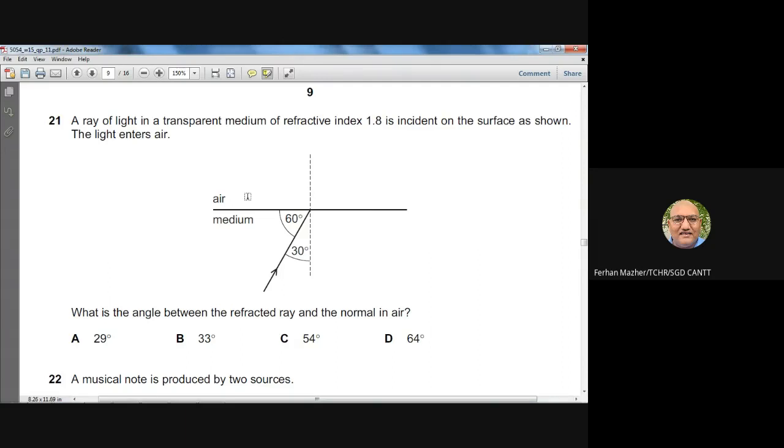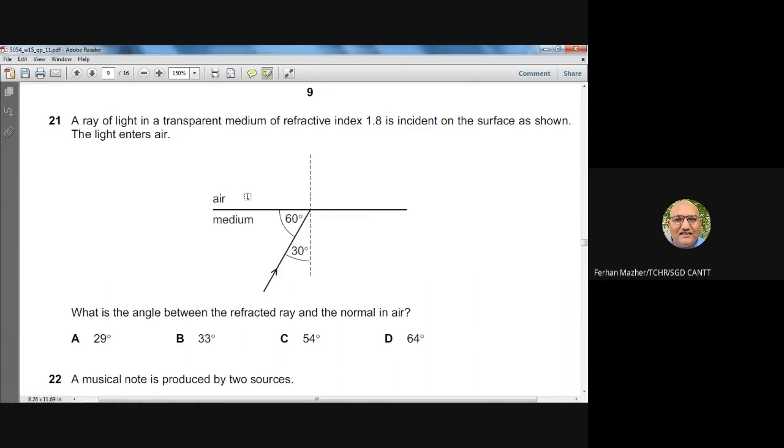The angle of incidence in the dense medium is 30. So I will use the formula n equals sine i by sine r. But remember, the formula can be both ways. It could be n equals sine i by sine r, or n equals sine r by sine i.